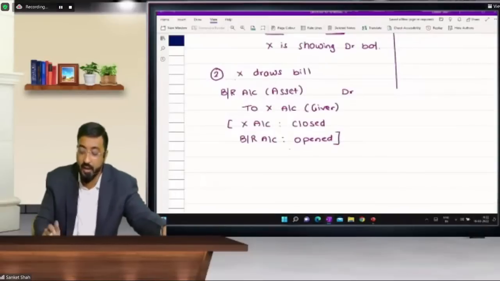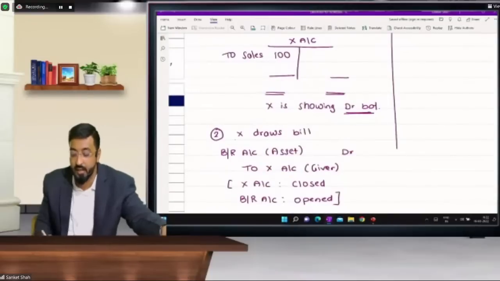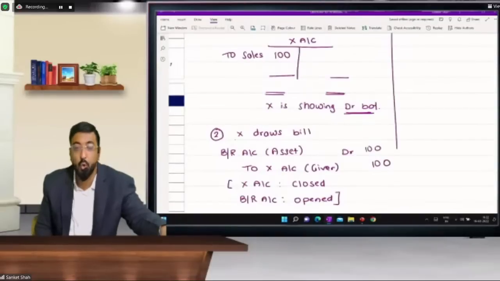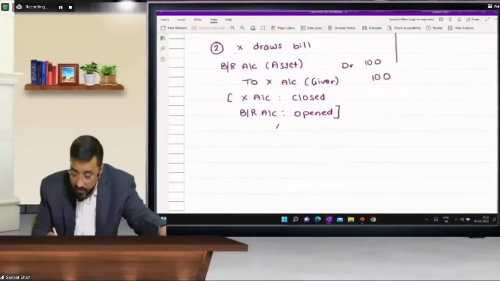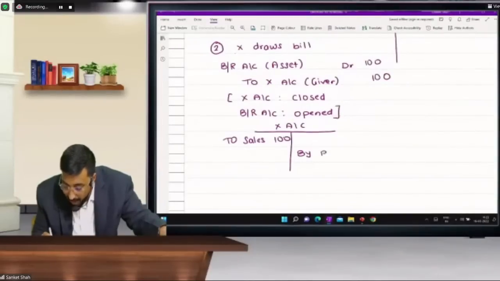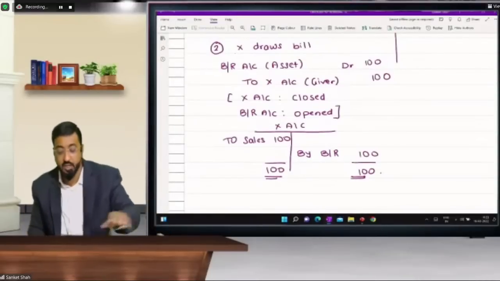X account, beta, we gave credit to X, above X is showing debit balance and now he is getting credited. So X account is getting closed. Now you can visualize how X account is getting closed, beta. You can see here X account, to sales 100 and now by bills receivable 100. So X account is getting closed. You can check here.